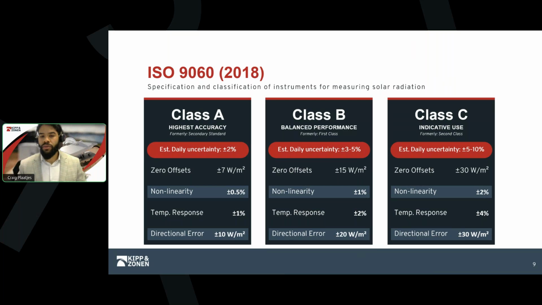So ISO 9060 does not actually specify a single daily uncertainty figure directly, but it specifies the individual performance criteria which contribute to this overall uncertainty. And the other thing to note is that Class A is a floor. It's not a ceiling. Not all Class A pyranometers are equal. Some instruments significantly exceed the Class A specifications, and this leads to less uncertainty in the overall measurement.